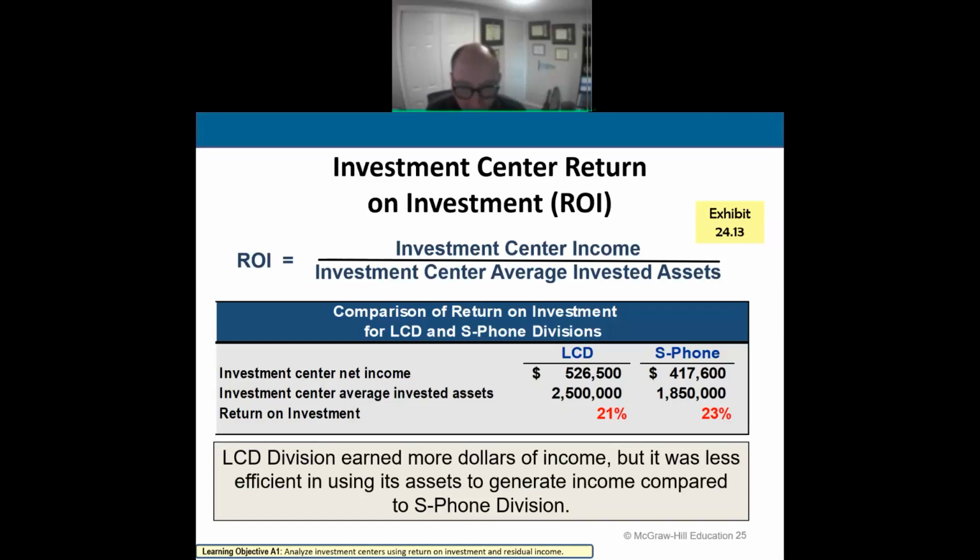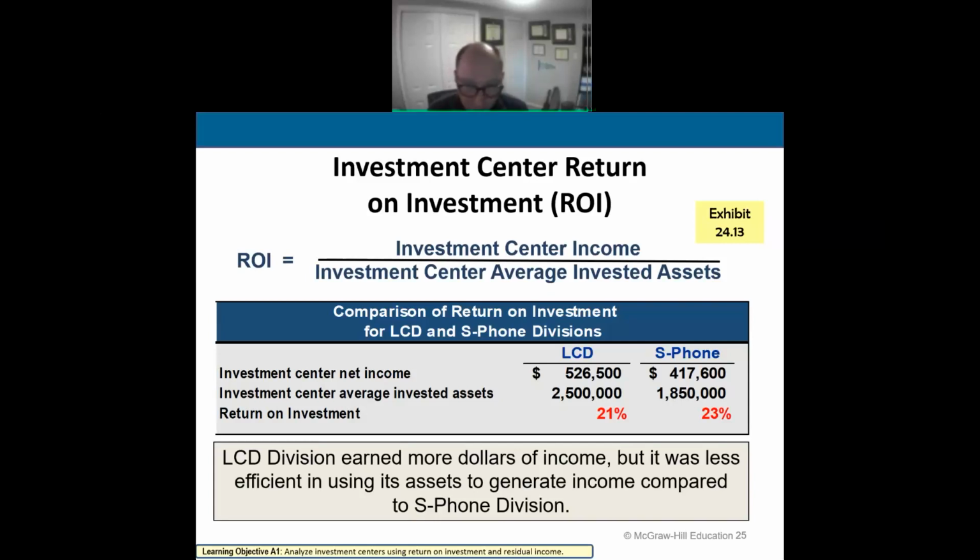The average invested assets. The average invested assets are the average of the assets used in the investment center. So property, plant, and equipment total, right? That's your average invested assets. So the formula is the investment center income divided by investment center average invested assets.